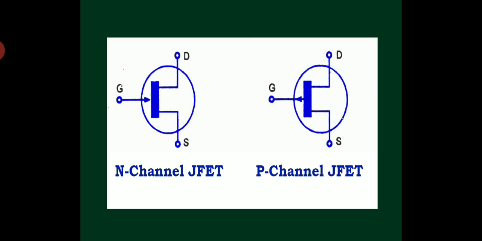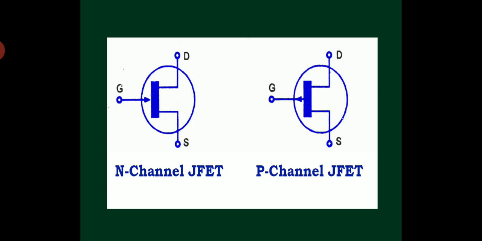Likewise, in BJTs we have NPN and PNP, and in FETs also we have two types: N-channel JFET and P-channel JFET, junction field effect transistors. Of course, FETs are classified further into MOSFET, MESFET, IGFET and so on, and I'm going to deal with JFET and MOSFET only.